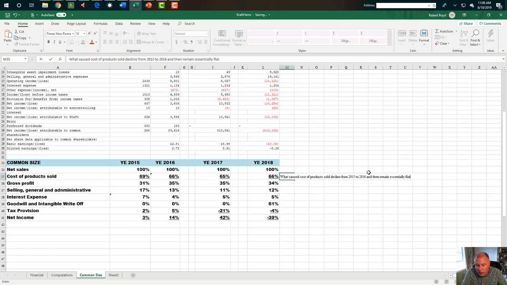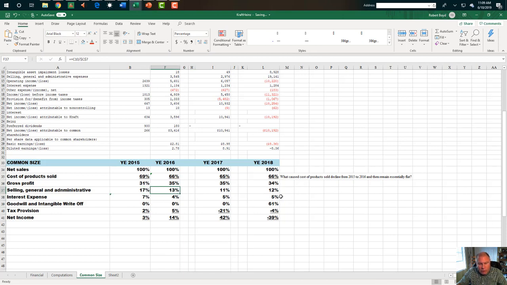So that's the first question I see, because that stands out. Now we look at selling general and administrative. Again, we got the same things. So we got 13, 11, 12. It seems to have leveled off.